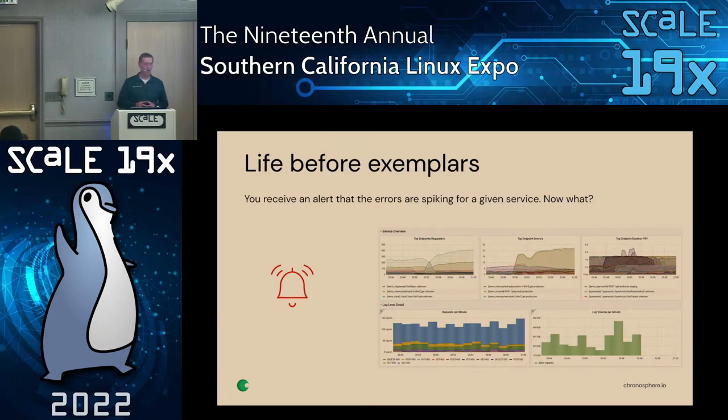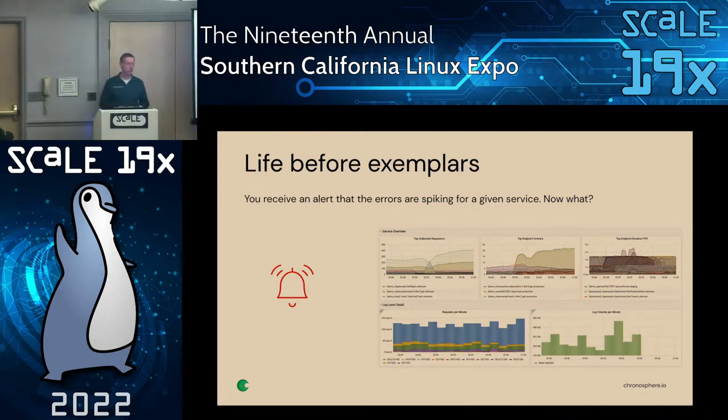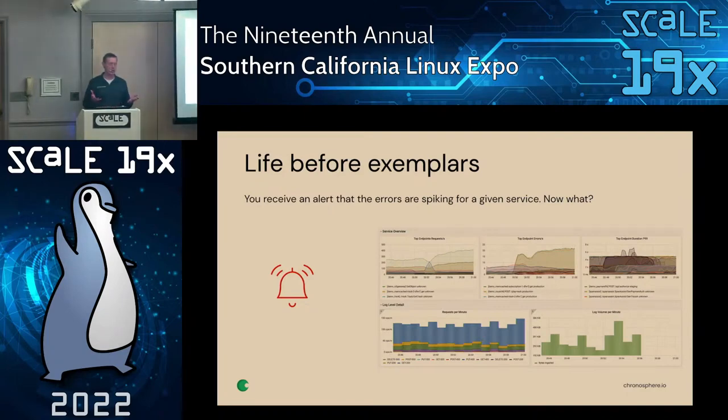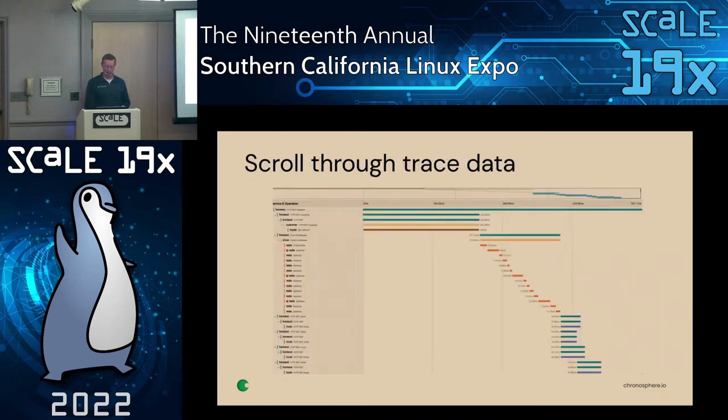So you're looking around your dashboards, trying to find some indication of what might be going on inside of the system, and you root around and you make some hypotheses and you start guessing, a lot of it based on your previous knowledge and how you understand the nature of your system. But you can't really get to any kind of conclusion, so then you jump into traces.